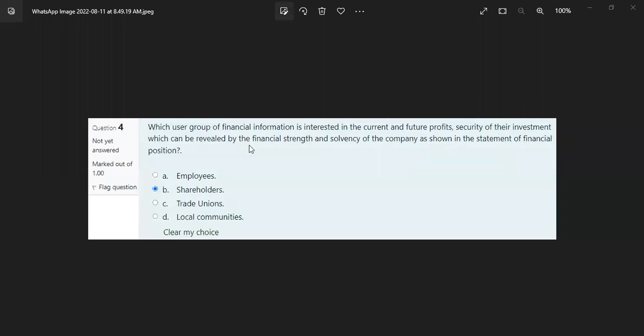These ones are more concerned about what? Security of their wages. Then trade unions for bargaining purposes, and the local communities, what are they interested in? Corporate social responsibility.